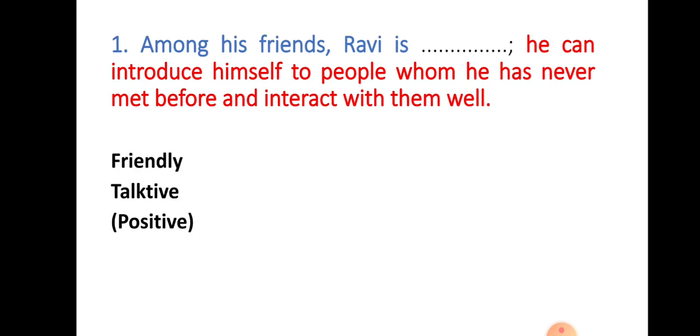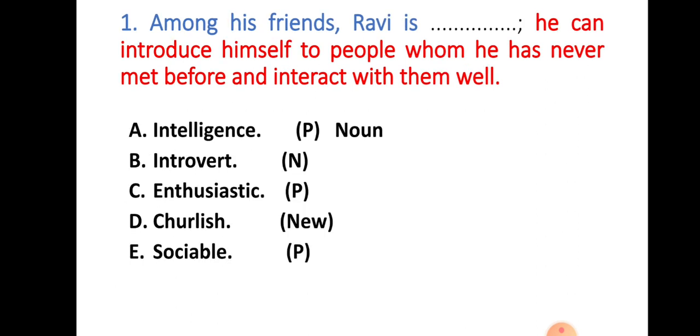So I thought this guy might be friendly and talkative, right? Enthusiasm is positive, but every person who is enthusiastic may not be friendly and talkative. He may not be readily interacting with others. You may be enthusiastic, but it doesn't mean that you always go and interact with others. You are very talkative. No.